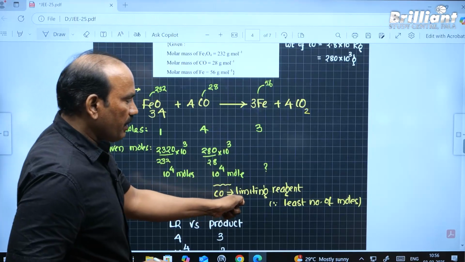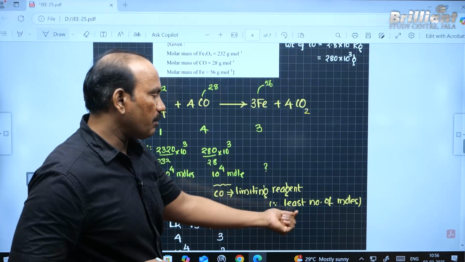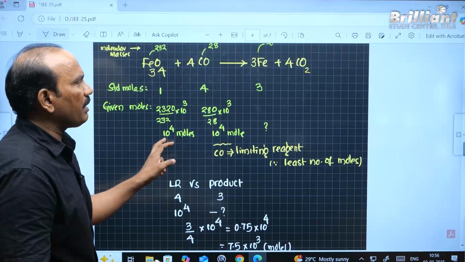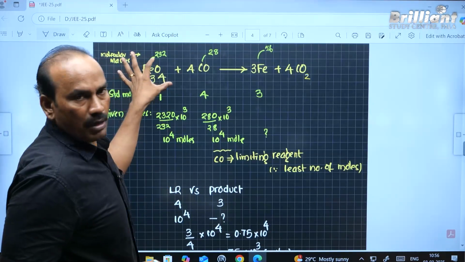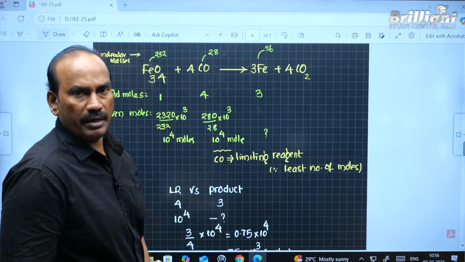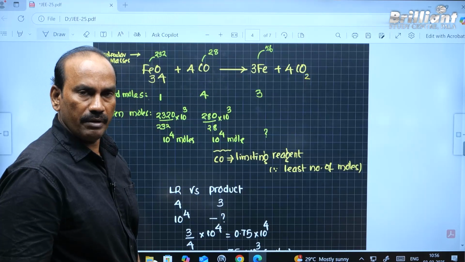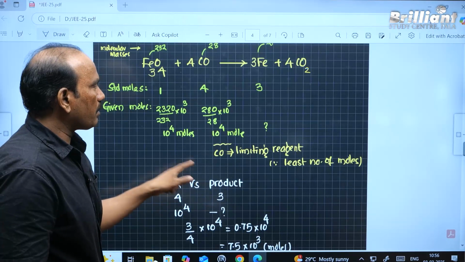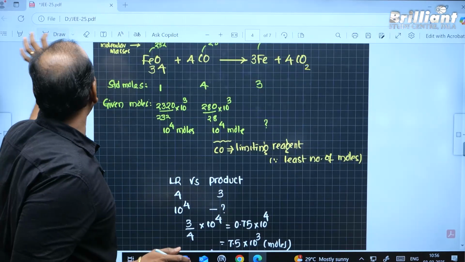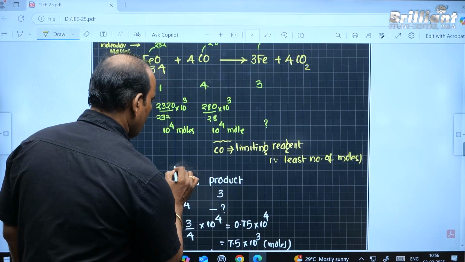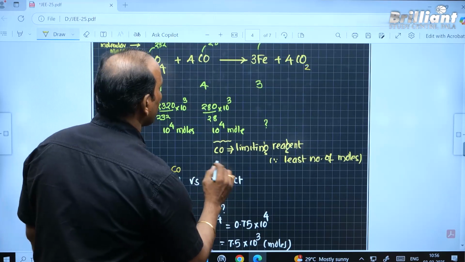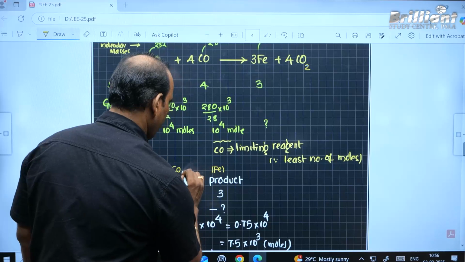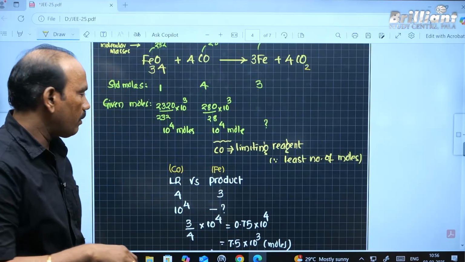So this is the limiting reagent. The least number of moles is the limiting reagent. The product is decided only by the limiting reagent. So carbon monoxide is the limiting reagent, and the product Fe is the target.